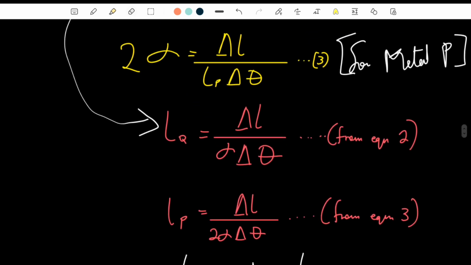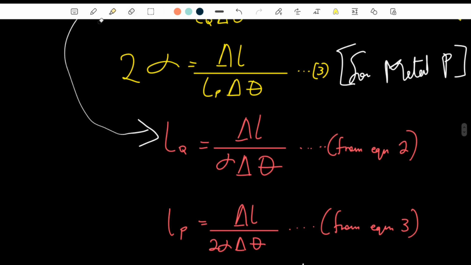And for LP, the original length for metal P, you make it the subject of the equation right here. And now we have what we can pit against each other: the equation for the original length of metal Q and the equation for the original length of metal P.